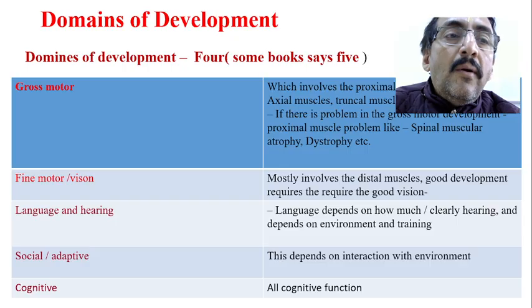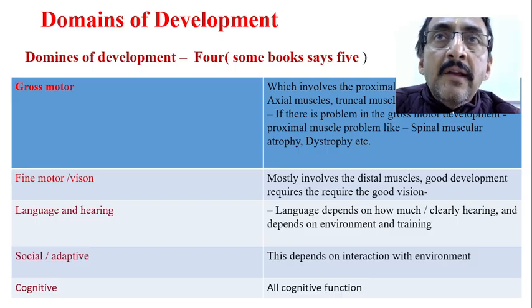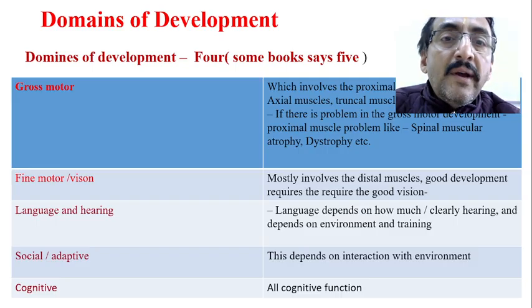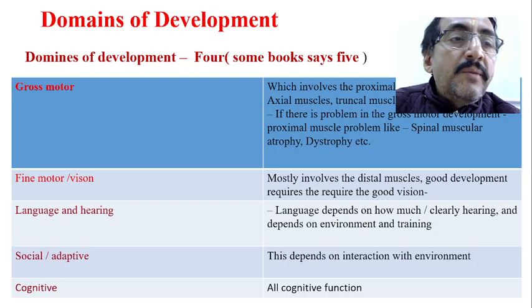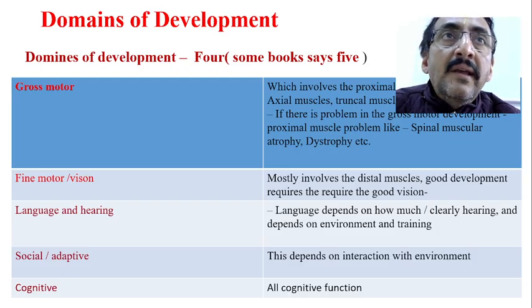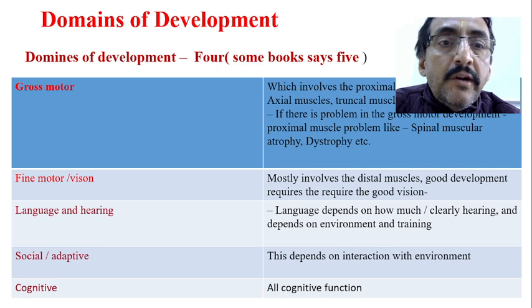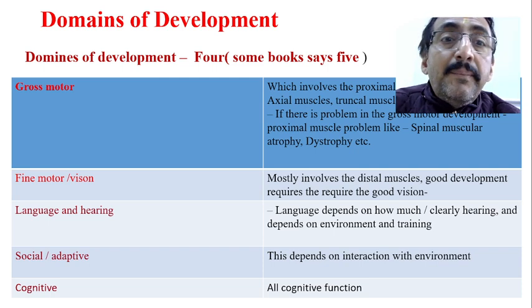For example, the proximal group of muscles, axial muscles, truncal muscles, and the muscles related to posture maintenance all come under the area of the gross motor domain.